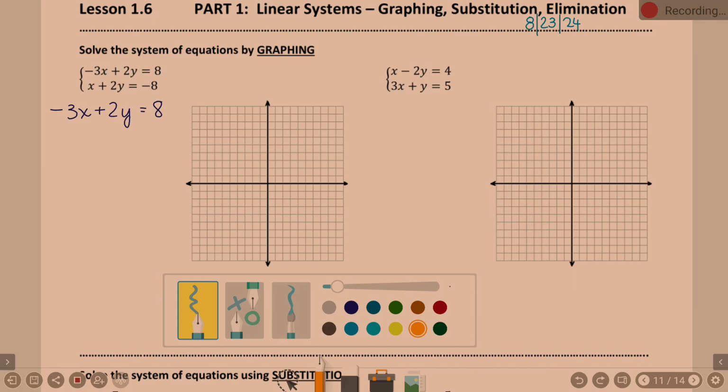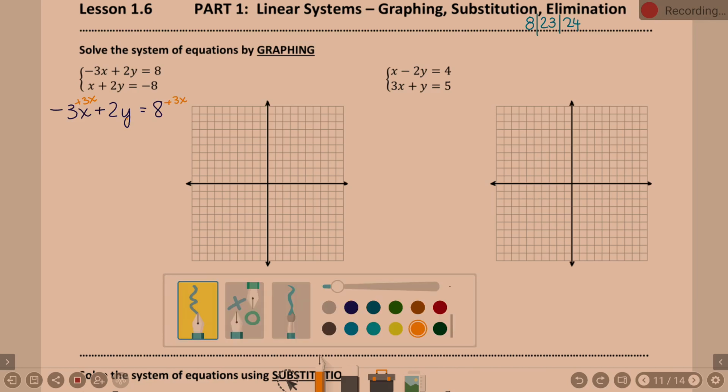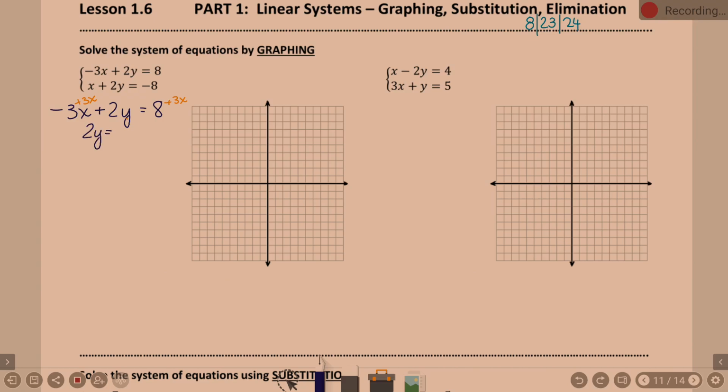If we're trying to get y by itself, add over the negative 3x. So if we add 3x to both sides, then I'm going to have 2y equals 3x plus 8.